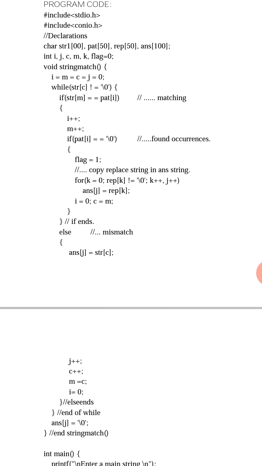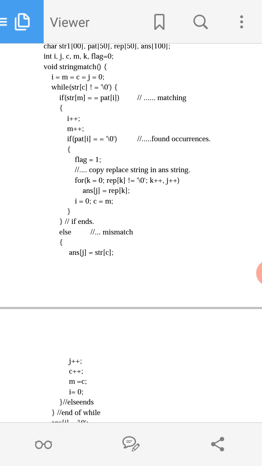Again I will brief how this function is implemented. First we are going to search character by character from the main string and from the pattern string. If all the characters of the pattern are found in the main string, then your pattern string will reach /0.